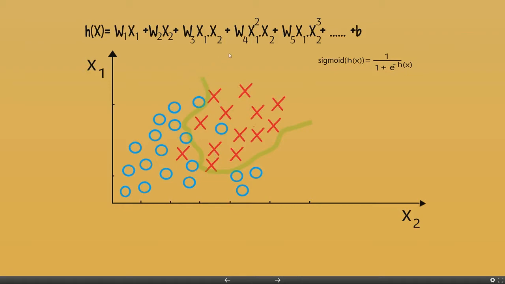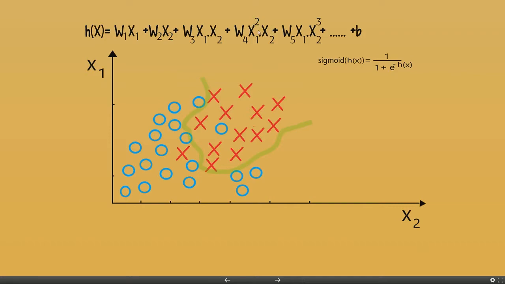We said that the harder the decision boundary is, like this one which is not linear and is curvy, the solution is to add some terms in the hypothesis function, multiplying the features and making it quadratic.